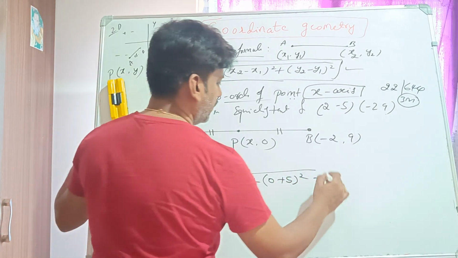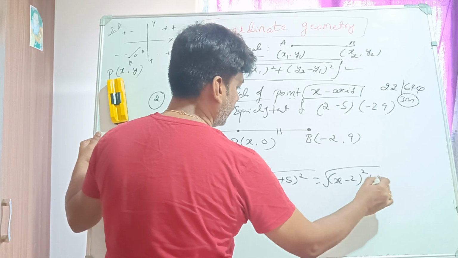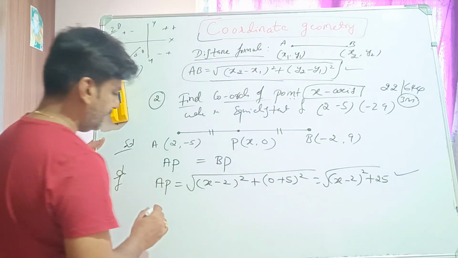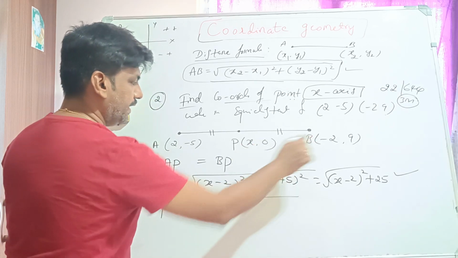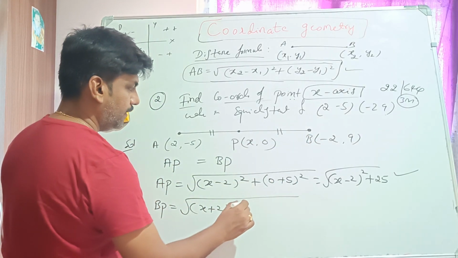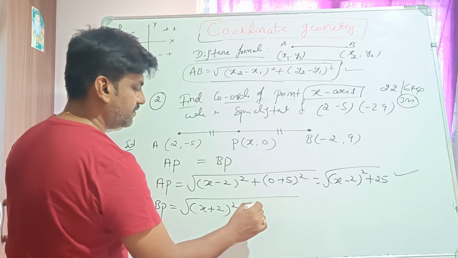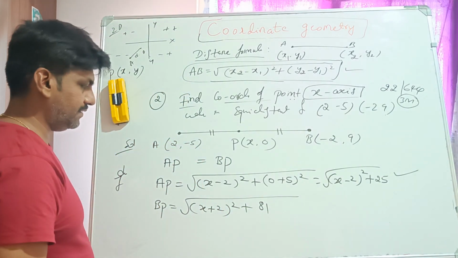So it is the root of (x minus 2) square plus 25. Then I will find BP. BP is again (x plus 2) square, next 0 minus 9 square is 81. So BP is like this.